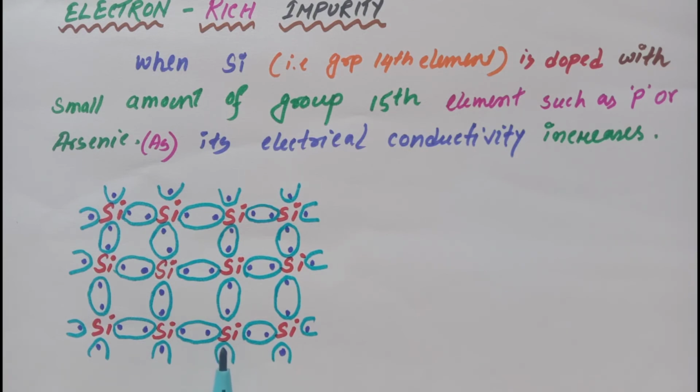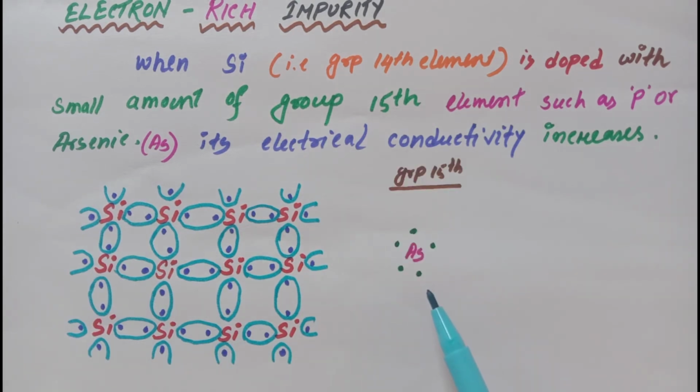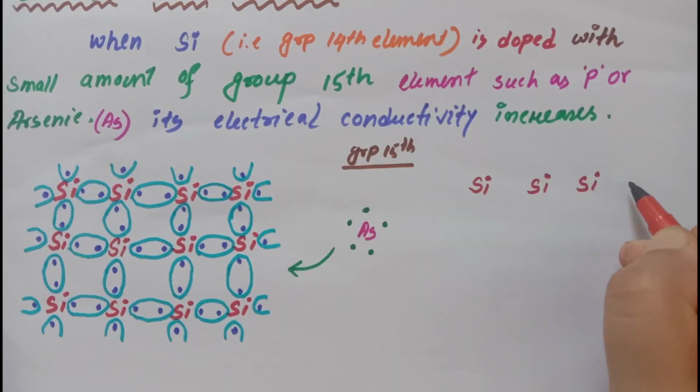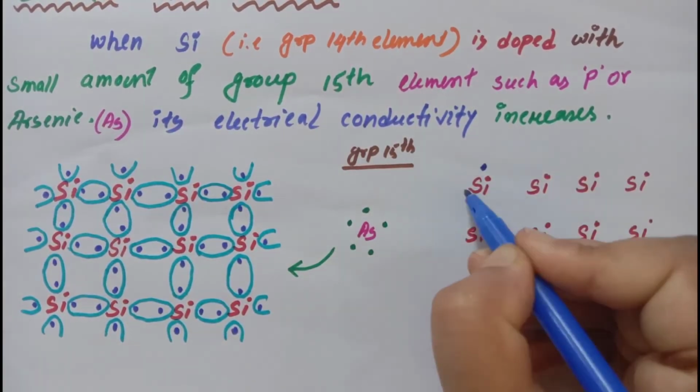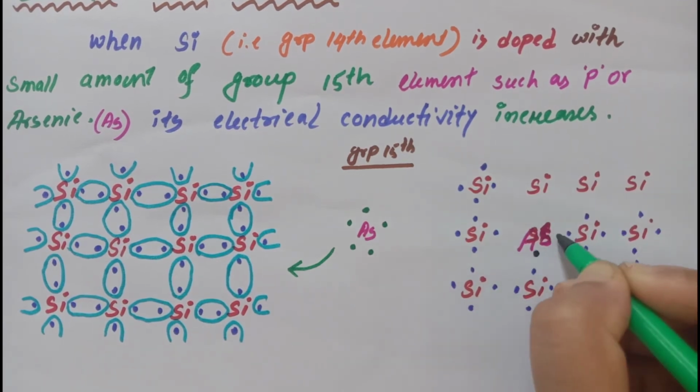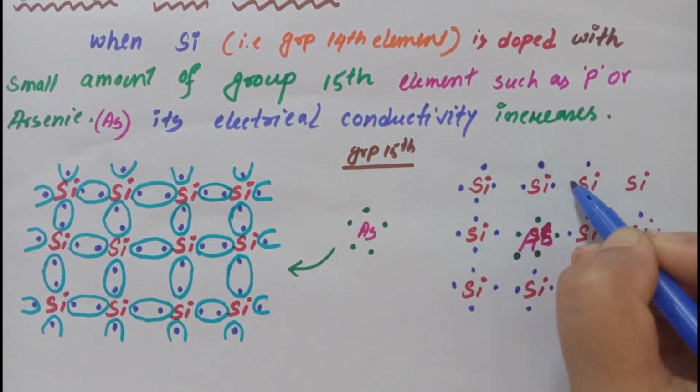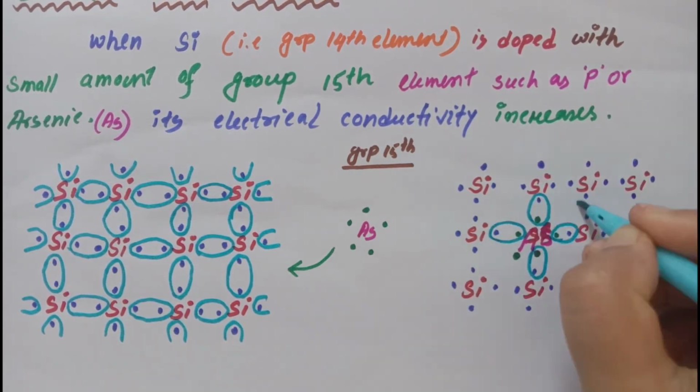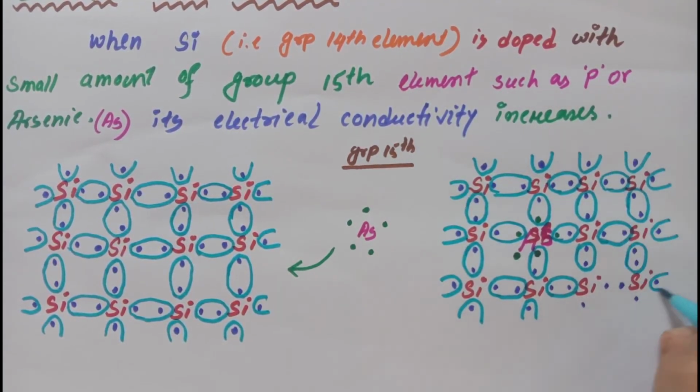we have to add an impurity of a group 15 element. I am going to consider a group 15 element like arsenic. We all know that a group 15 element has 5 valence electrons. Now I am going to add this impurity, the group 15 element, into the crystal of silicon atoms.